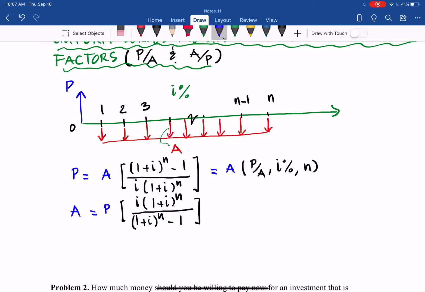And if we use the factor in the table, it is A over P, I percent, n.